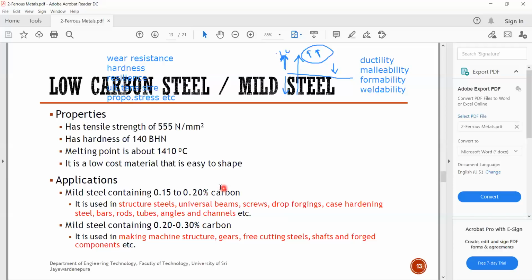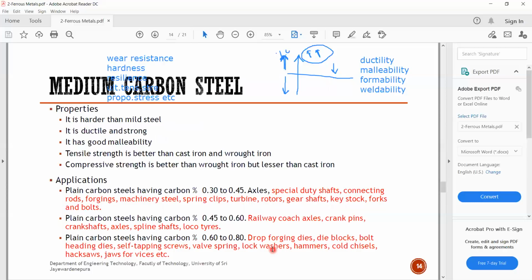According to the amount of carbon available, the applications will vary. If you have this percentage of carbon, you can use low carbon steel for this kind of application, and likewise for other applications, right? Then medium carbon steels are stronger than the previous low carbon steel, right?